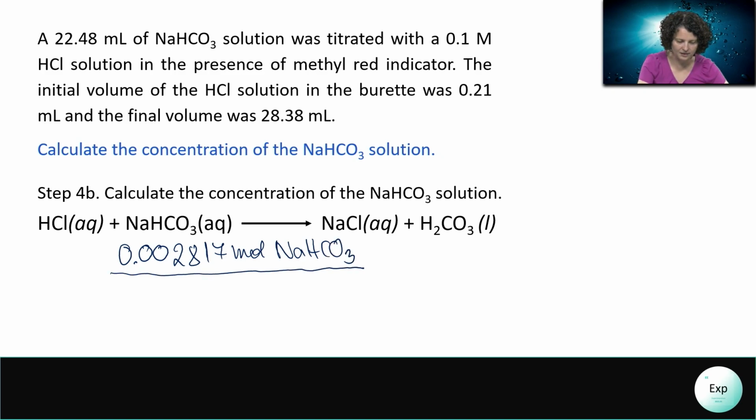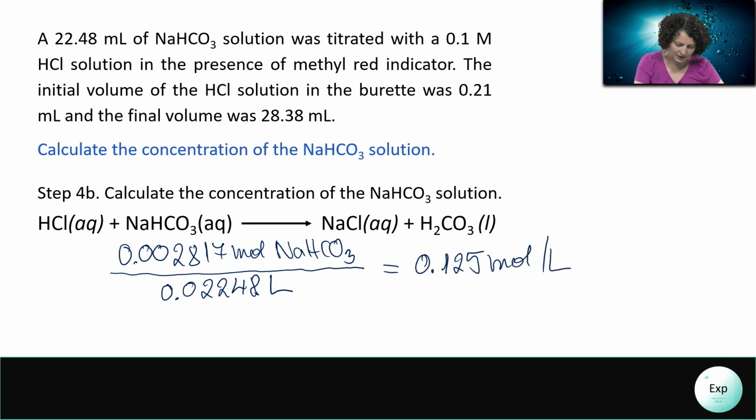And we divide this by the volume of the sodium bicarbonate solution that we titrated, which is 22.48 milliliters, except in order to calculate molarity, we have to take these milliliters and convert them to liters. We can do this relatively easily. It's 0.02248 liters. This ratio gives us 0.125 moles per liter for the sodium bicarbonate solution.